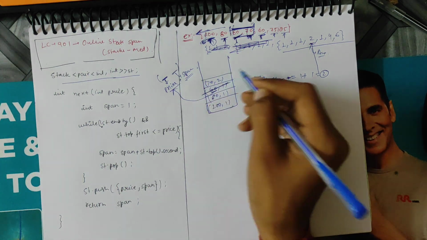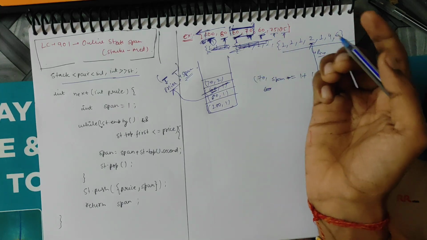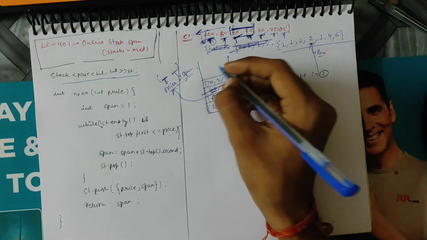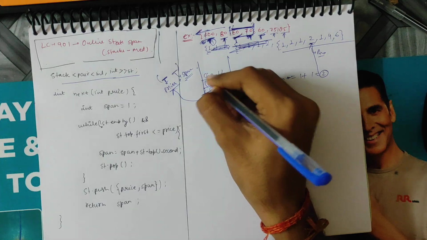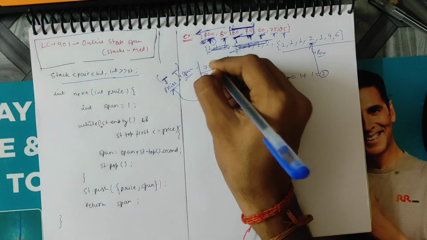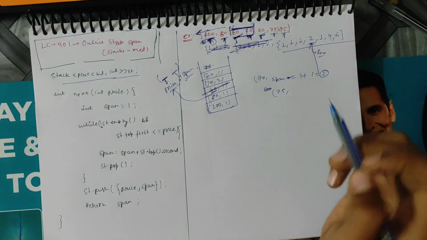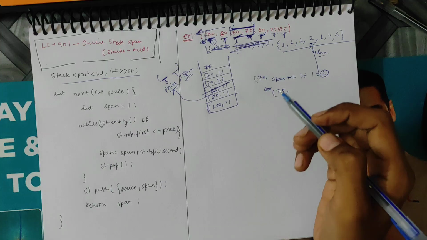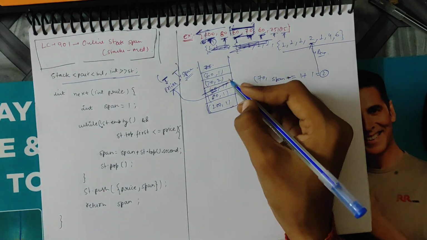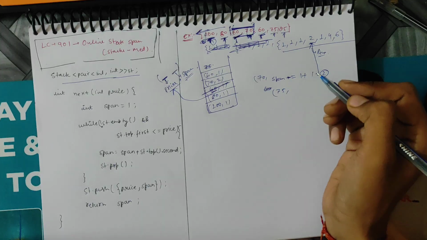Now after that 70 we move to 60. Again no element, 70 is not lesser than 60, so we store 60 comma 1. Now we move to 75. For 75, 60 is lesser than 75, 70 is lesser than 75, 80 is not lesser than 75.